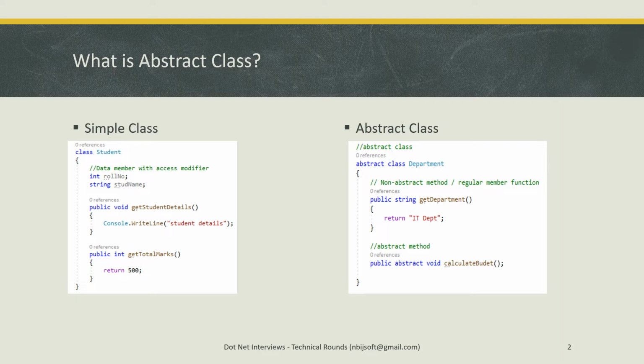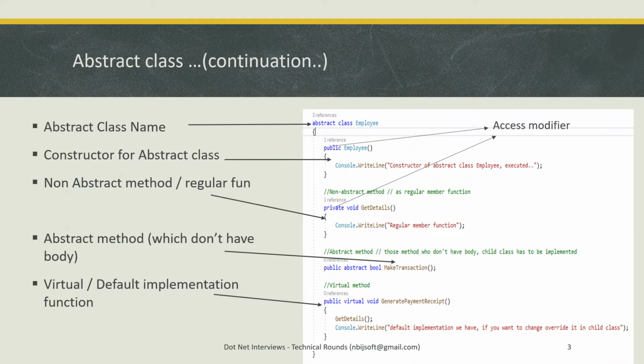Let's check another example. Here we have an abstract class employee, and it has one constructor, one non-abstract method, one abstract method, and one virtual method.